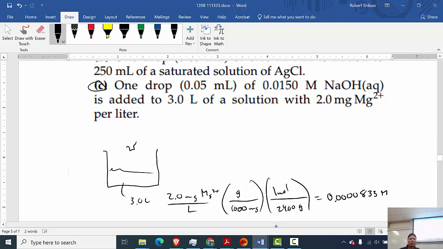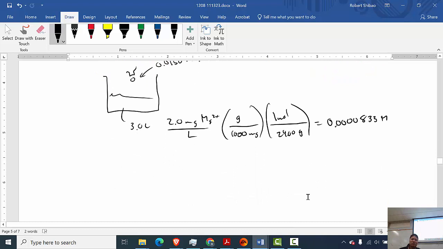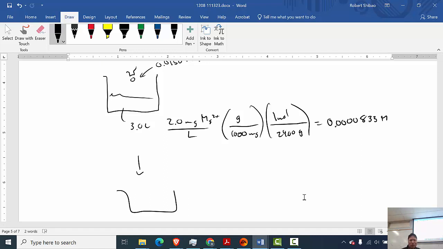And then to this we're going to add 1 drop of 0.0150 molar sodium hydroxide. The first step is a solution dilution. I'm going to do it at 3,000 milliliters, so I'll end up with a total volume of 3,000.05 milliliters. Let's calculate the new concentration of sodium hydroxide.